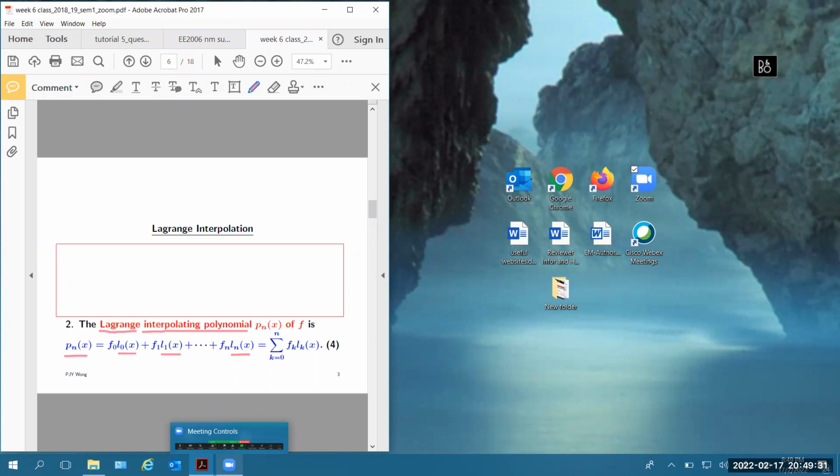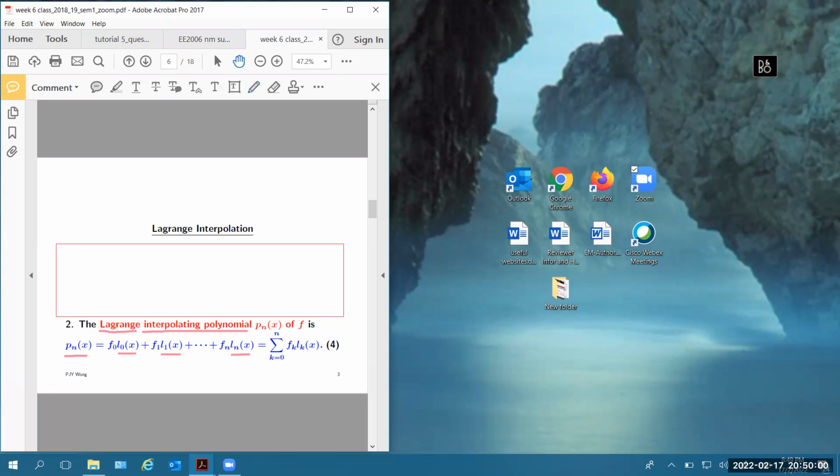Therefore, our job is to write down the L0(x), L1(x) until Ln(x). Once we have done that, we put them inside here and we get the Lagrange interpolating polynomial. Everybody clear or not? So now we go and see how to write down the L0(x), L1(x) until Ln(x).